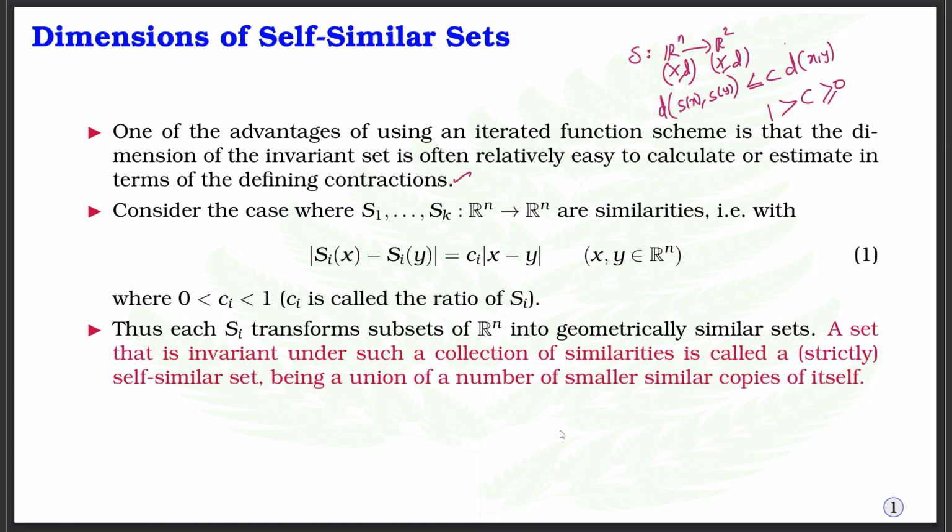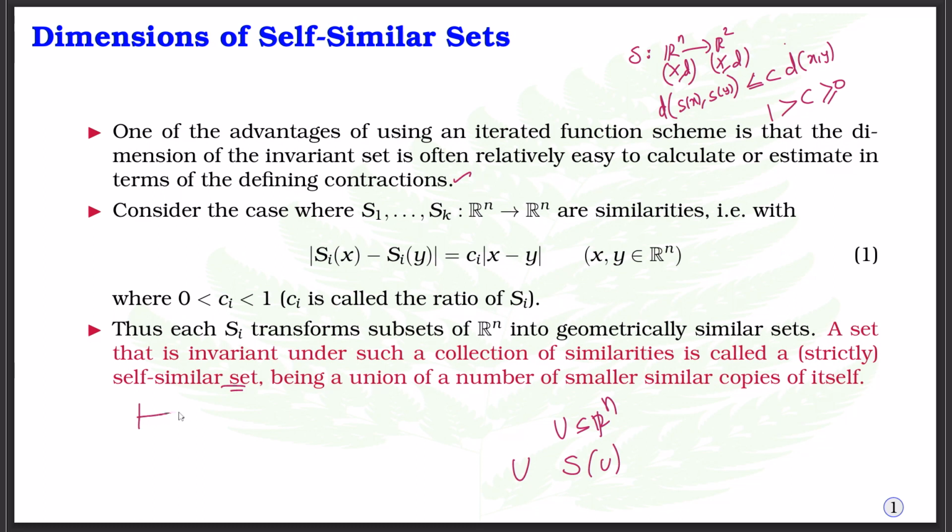That means if you take one set U, a subset of R^n, and find the image S(U), then the sets U and S(U) are geometrically similar. A set that is invariant under such a collection of similarities is called a strictly self-similar set, being a union of a number of smaller similar copies of itself.